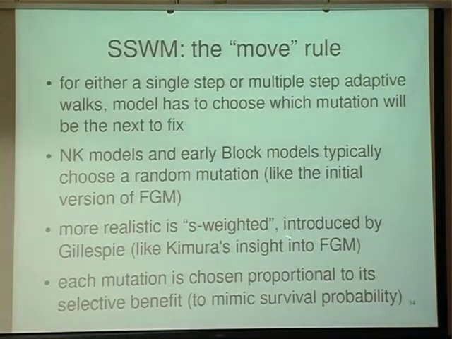But more realistically, Gillespie introduced the fact that we should also think about the fact that the mutations need to survive drift. And they do so roughly proportional to their S value. And so the next step isn't random, but would be more likely to be a larger mutation, a more beneficial S.